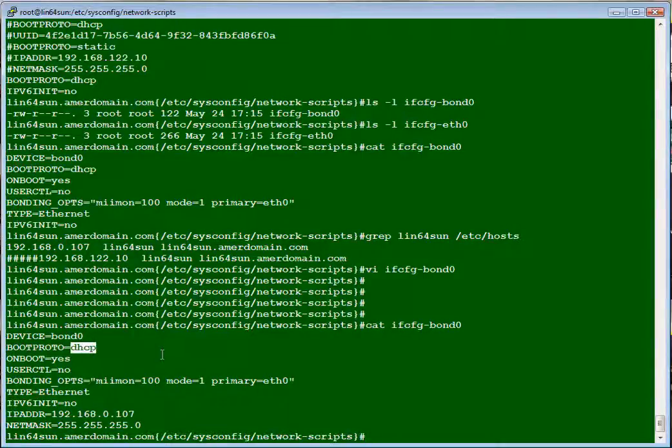That means we'll get a different IP address every time if you are configuring with DHCP. If you are configuring with static, the IP address will not change. Static means stable. Whatever IP address you mention in here will be assigned.